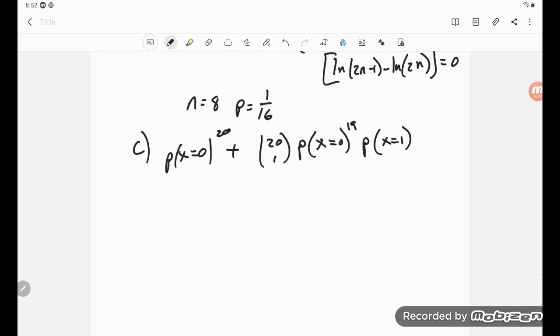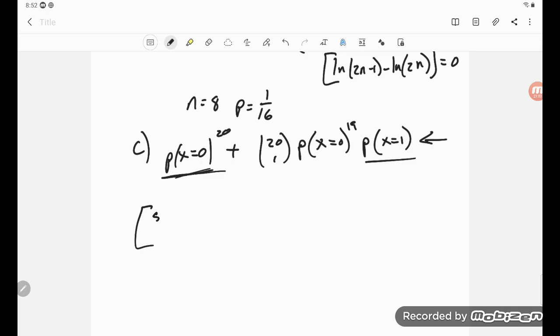Okay, I had to back up because I got mixed up with this. So this is what we know we have to do, because you either had 20 that went without a problem, or you only had exactly one that went without a problem. So this is what we did in the Poisson case, but then I messed this up because I didn't do p of x equals 0 correctly.